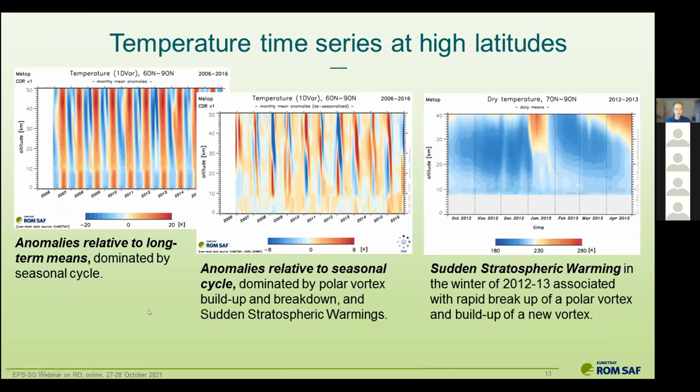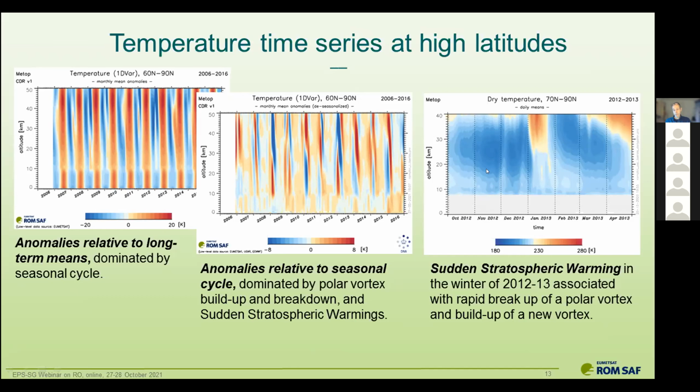We can also look at time series at high latitudes. These are temperatures at high northern latitudes. To the left here, we have anomalies relative to long-term means, dominated by the seasonal cycle. In the middle, if you remove the seasonal cycle, the time series is dominated by polar vortex buildup and breakdown and sudden stratospheric warmings, and that is what is shown to the right here.